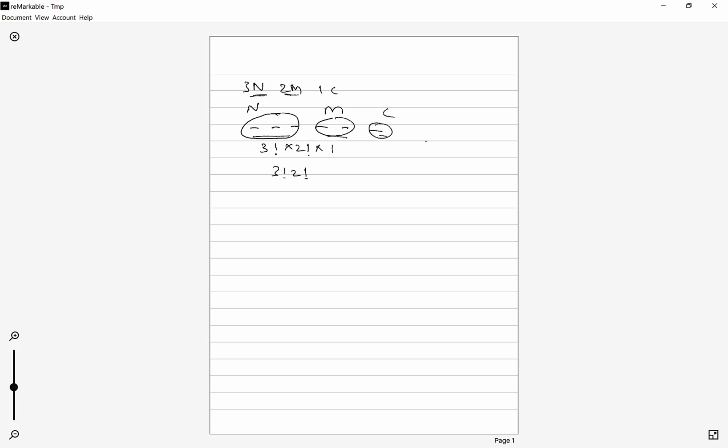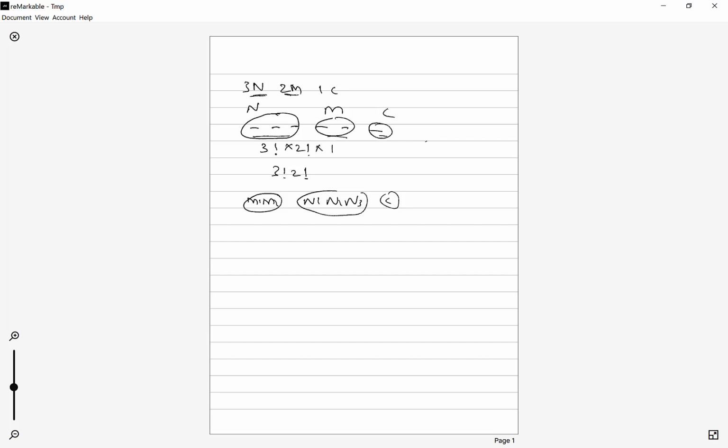But who's to say that I need to have the novels together? I can have mathematics books first, then I can have my novel. Maybe I should call this 1, 2, and 3, and this chemistry book. So I have these 3 groups, and I can permute these 3 groups. You can consider a group as a single object.